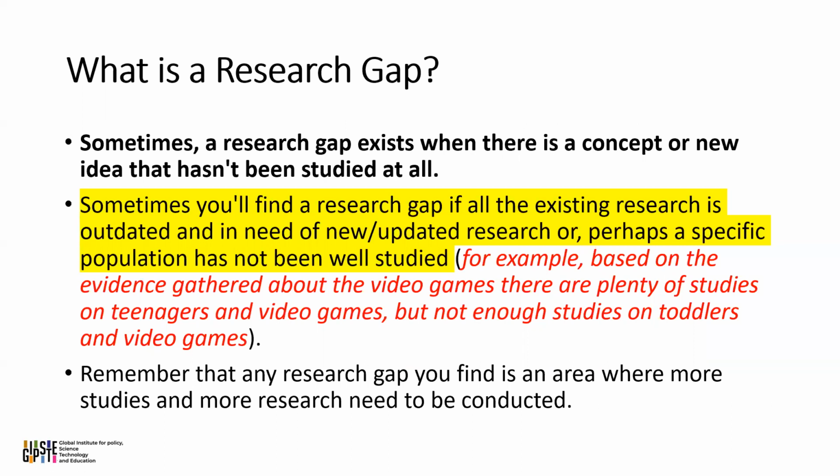Take, for example, if you have gathered enough evidence about video games, and there are plenty of studies on a particular group, like teenagers and video games, but you realize that not enough study on toddlers and video games has been done, then you have identified a gap. So you're going to focus on video games and toddlers because a lot of study has already been conducted on video games and teenagers.